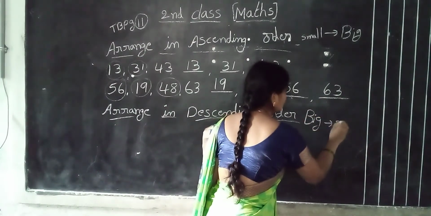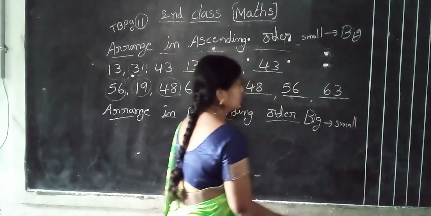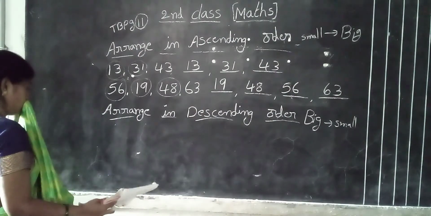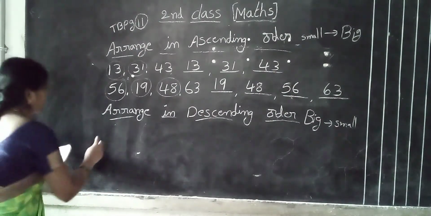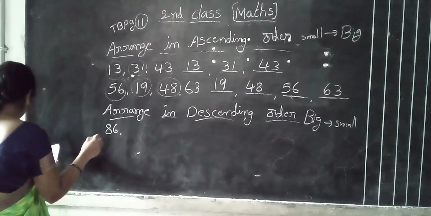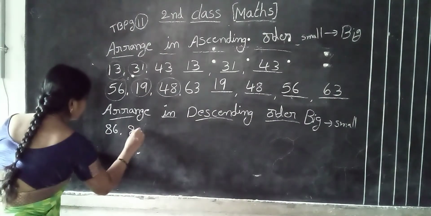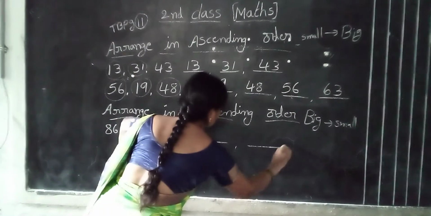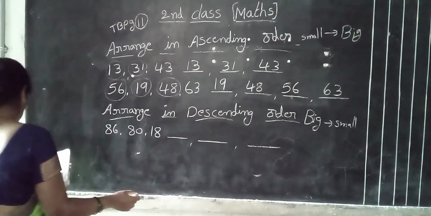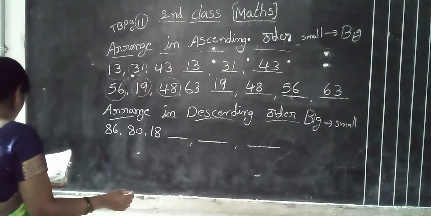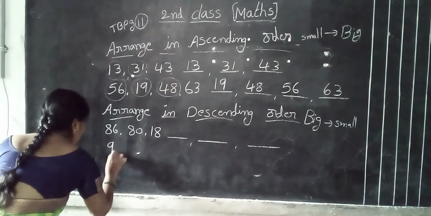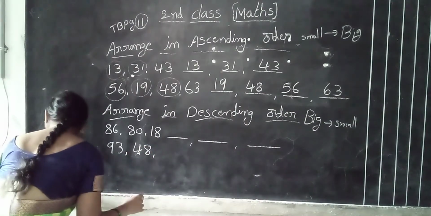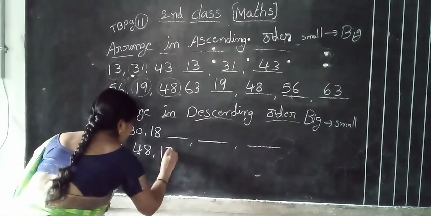Big to small. So 86, 80, 18. Next 93, 48, 17, 9.